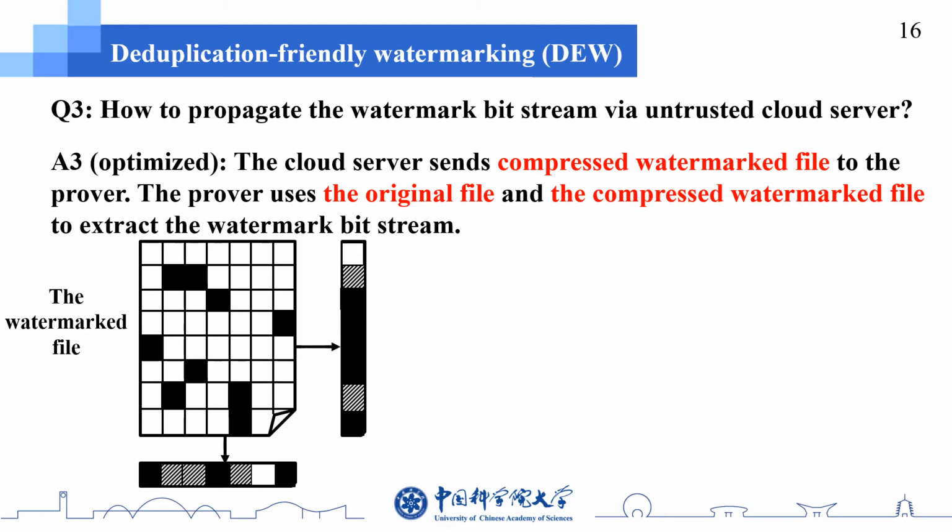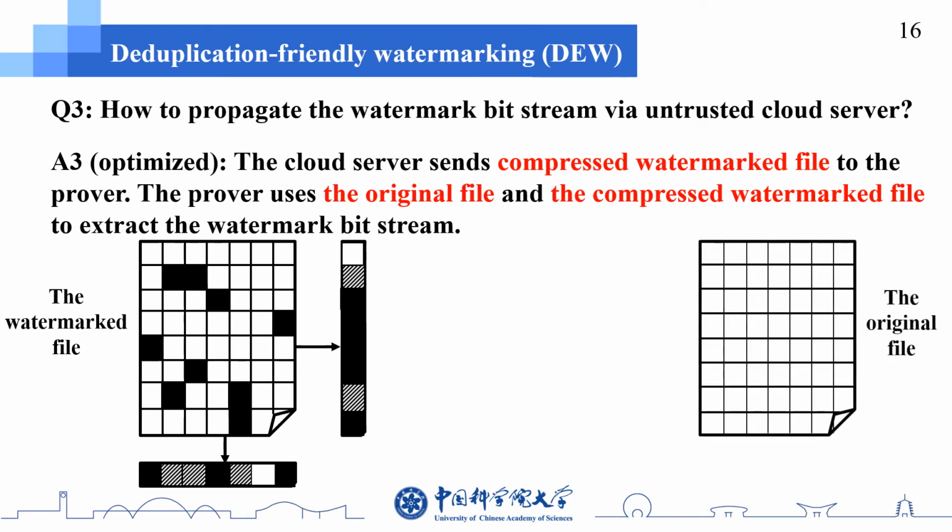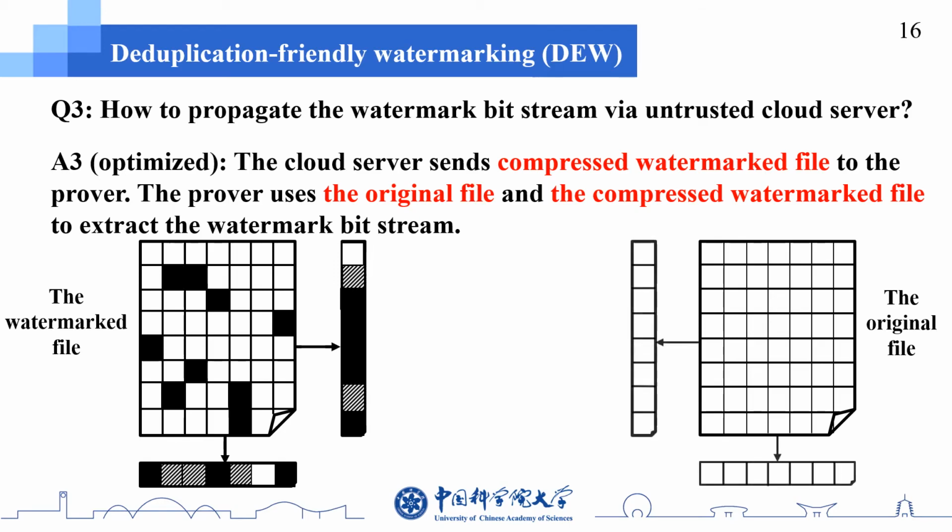As for extracting the watermark bitstring, the prover first determines the watermark locations through CE. Then, the prover compresses the original file, following the compression approach I've just introduced.